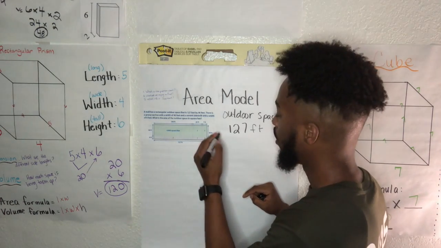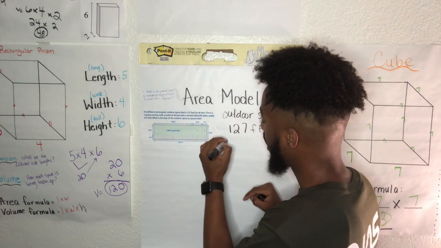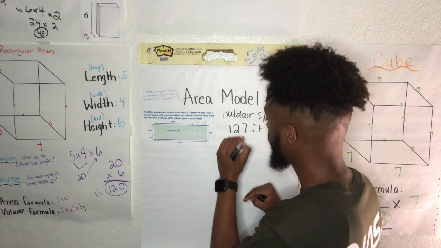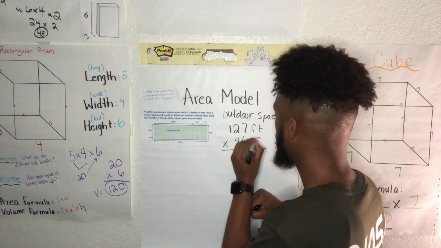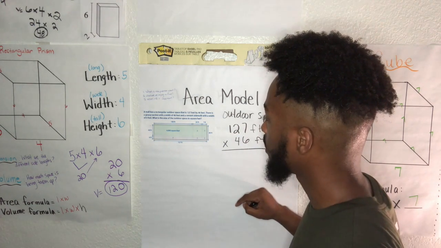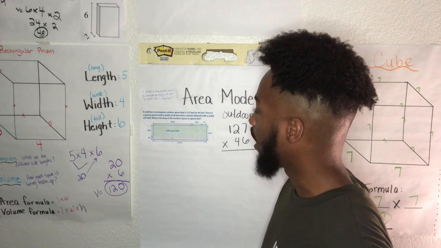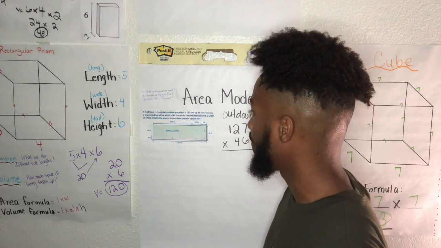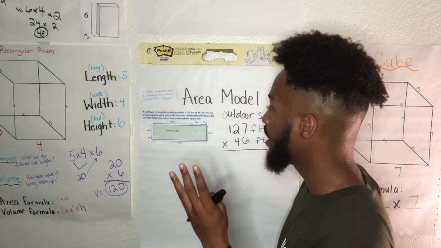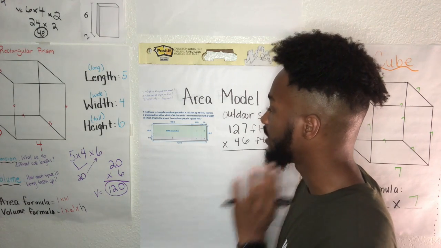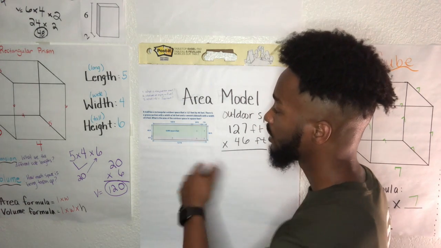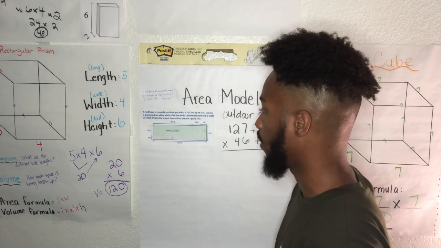That's right. So 127 by 46. That's the whole outdoor space. Then they tell us that the grassy section has a width of 40 feet and the sidewalk has a width of 6 feet, okay? We want to know the total area of the outdoor space in square feet.